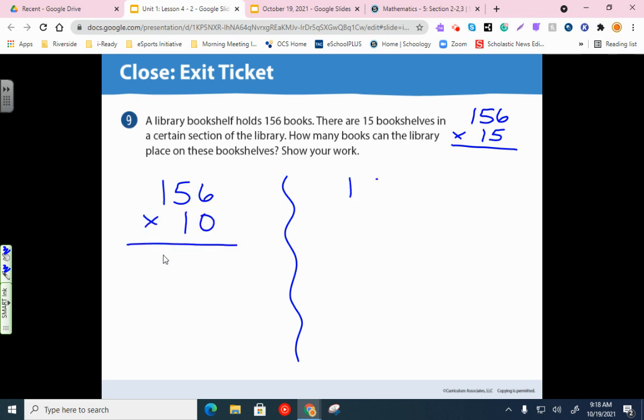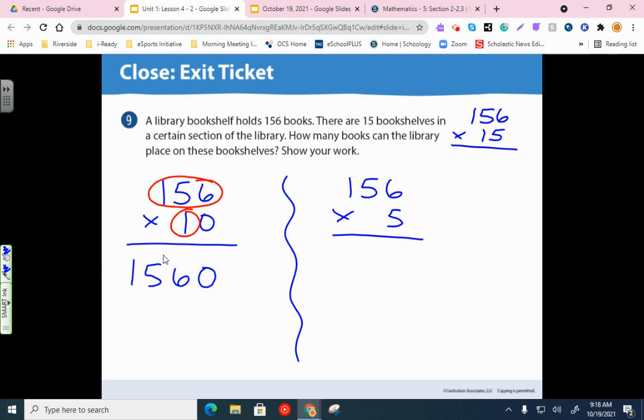And then we're going to have 156 times 5. So what I can do for this one, I can take 156 times 1. That gives me 156 plus a 0.